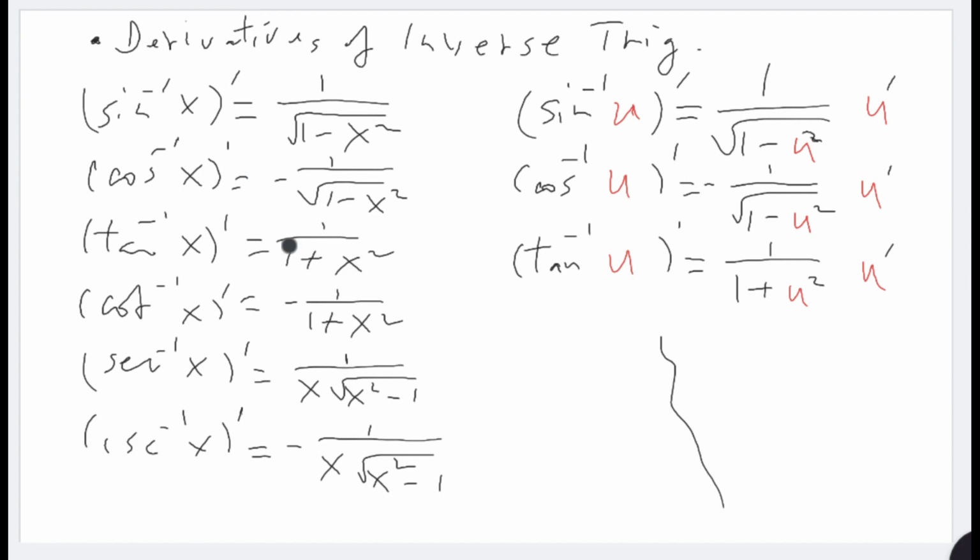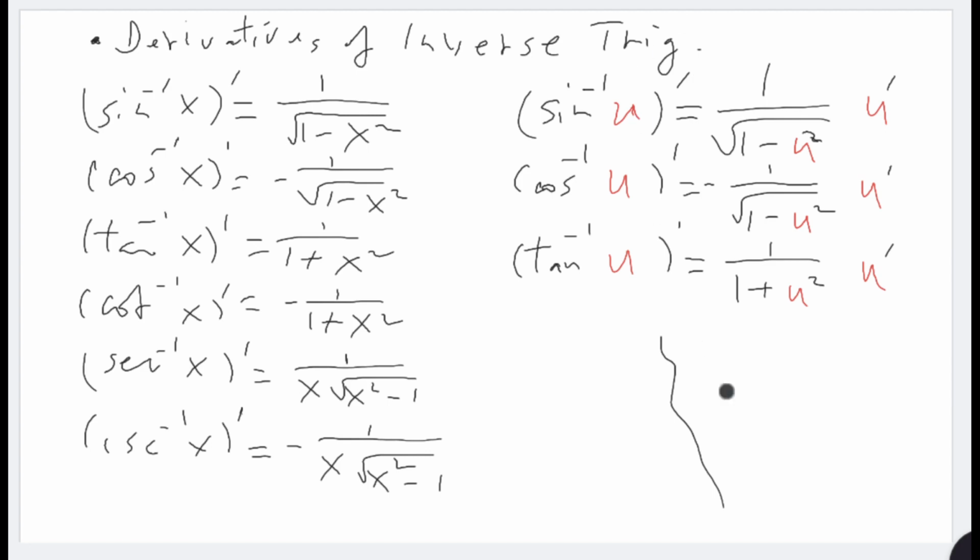We do run into basic simple inverse trig, but more often than not, we run into composite structure. Instead of inverse sine of x, we see inverse sine of some function, some expression, here I call the u.